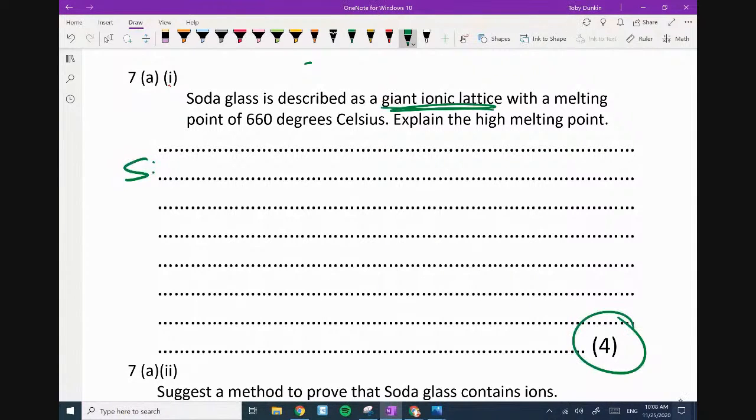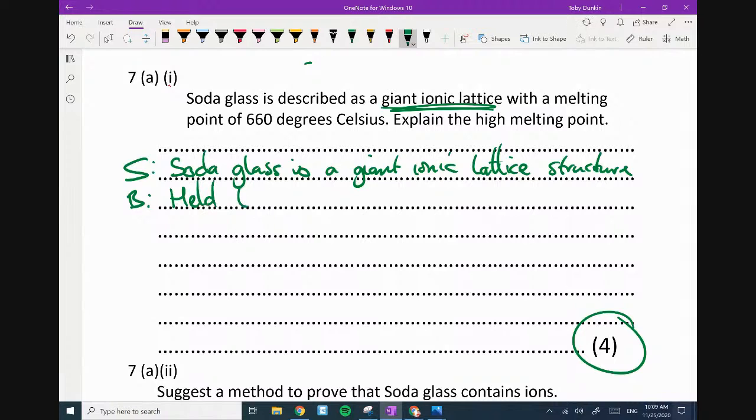I like my routine. Soda glass is a giant ionic lattice structure held together by the electrostatic attraction between oppositely charged ions. Now, this is interesting. They haven't told us what the ions are.